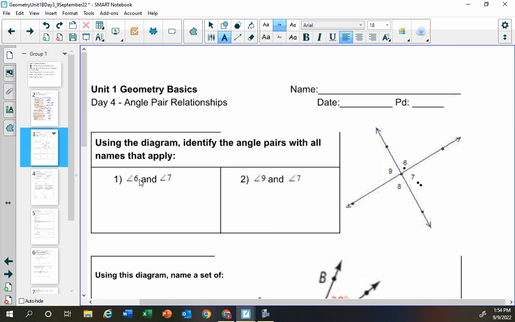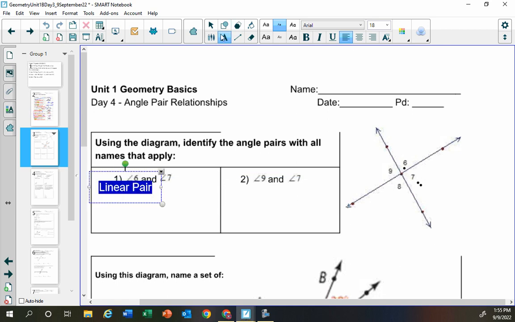Linear pair, that's a good start. Yup. Most indeed a linear pair. Yep, because they share a side. Good. I'll give you that. That's a good start there, Amy.